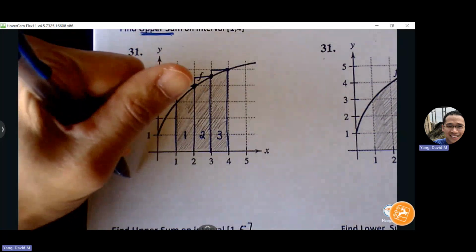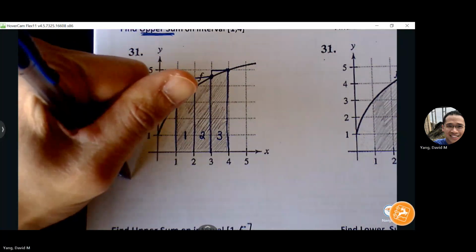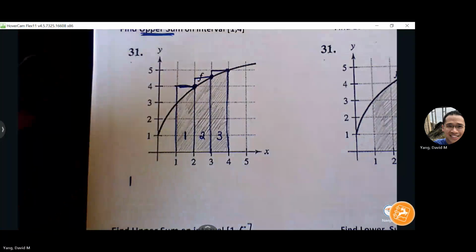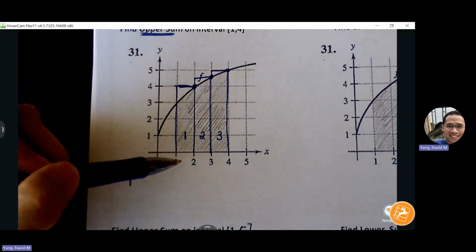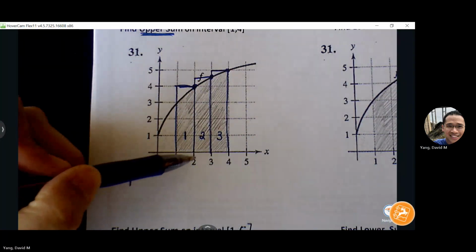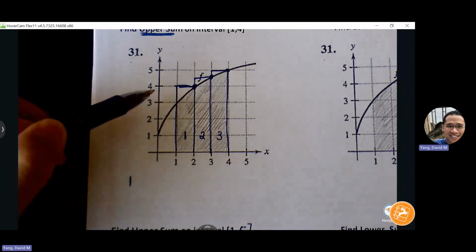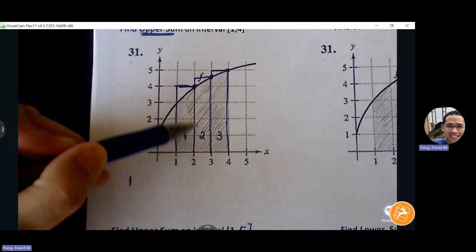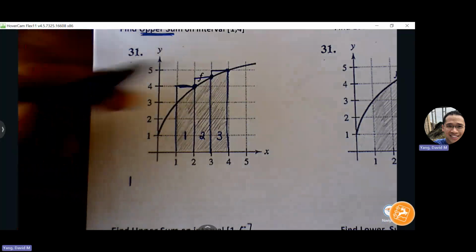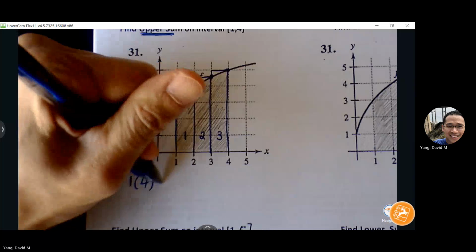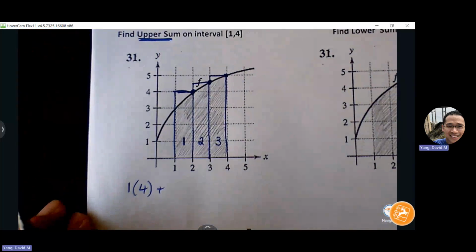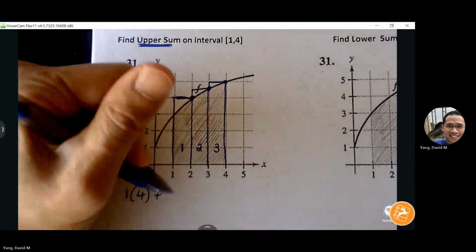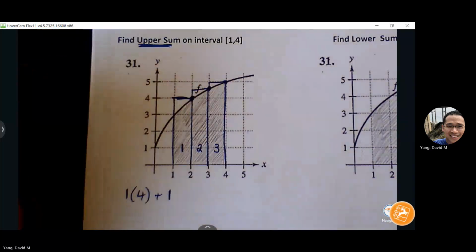What's the width of my first rectangle? 1. What's the height of my first rectangle? F of 2, which we can just go ahead and say is equal to what? What's the height of my second rectangle? 4, yeah. Width of my second rectangle? 1.